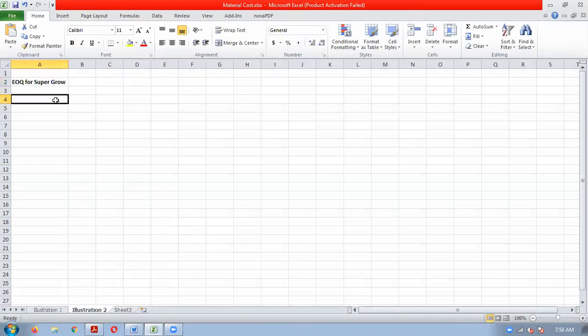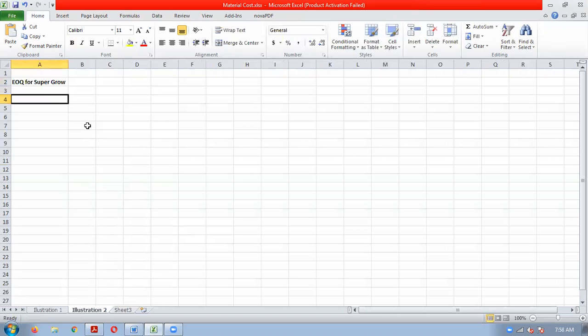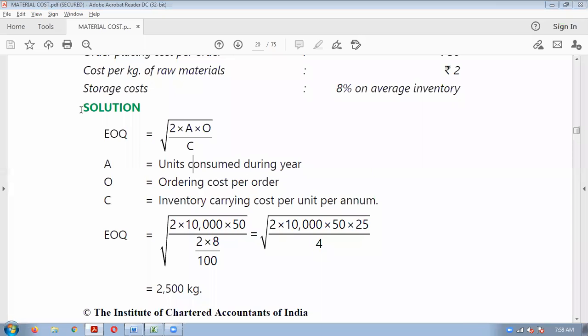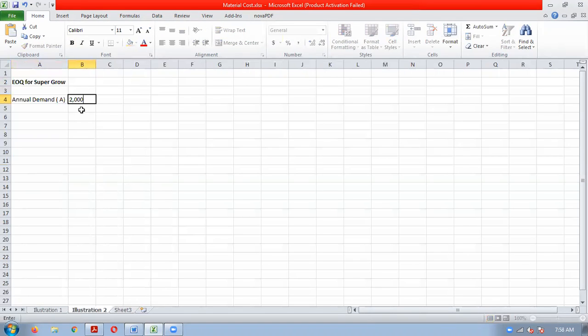What details will we require? We will require the annual demand, which is A. What is the annual demand? 2000 bags.